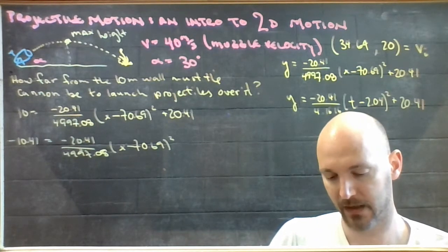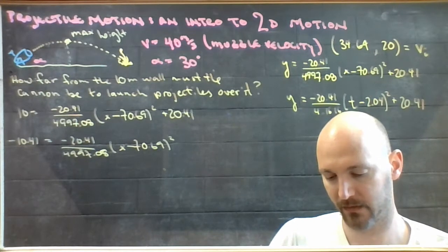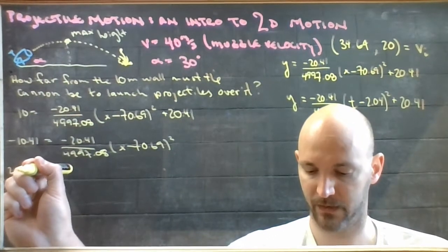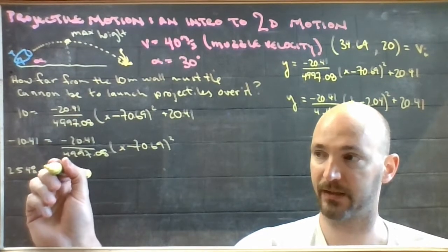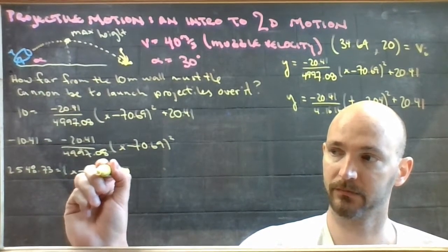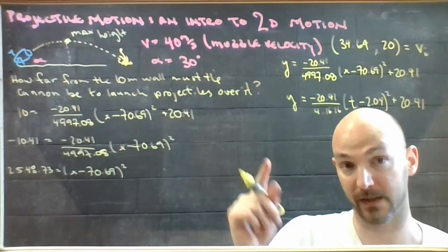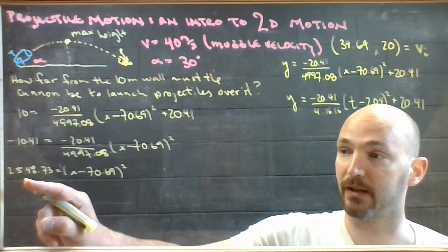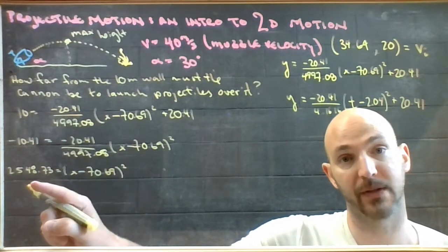Divided by 20.41, and I get 2,548.73. Alright, now it's important, these negatives were critical so that I ended up with a positive here, because I'm going to have to square root in the next line, and I can't square root a negative number.